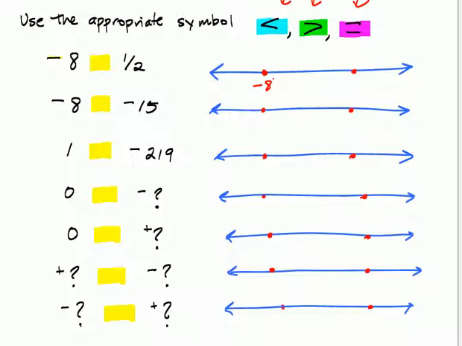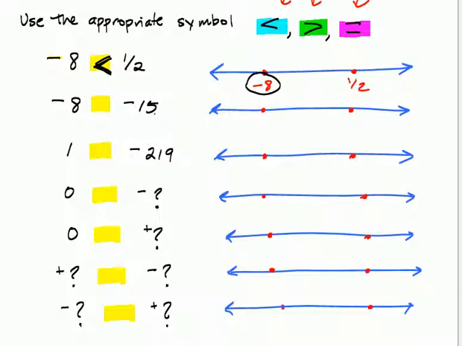That would be the negative 8, and then up here, 1/2. It doesn't matter where 0 is, we're just getting them relative to each other. So what's your answer? Negative 8 is less than. And remember, that arrow points to the smaller number, and this shows us negative 8 is the smaller number.